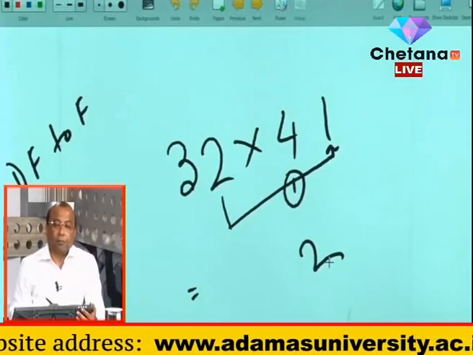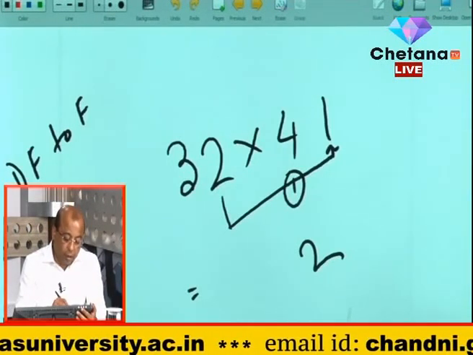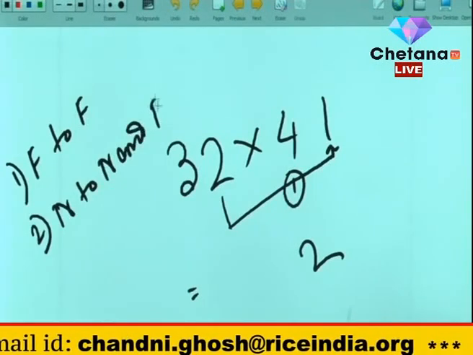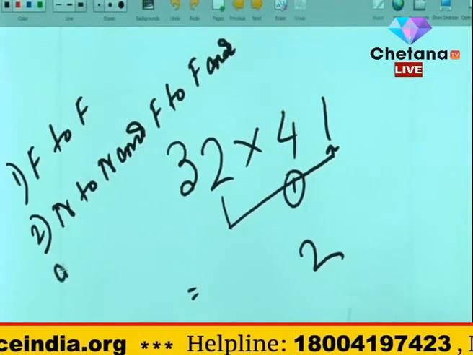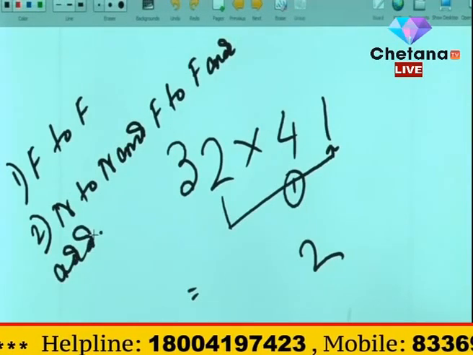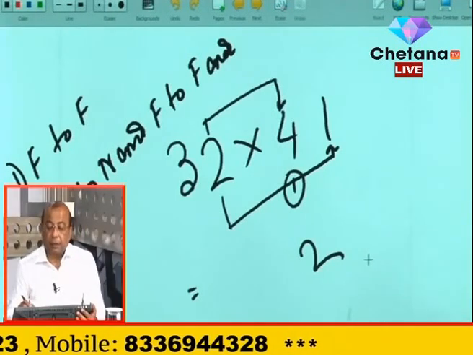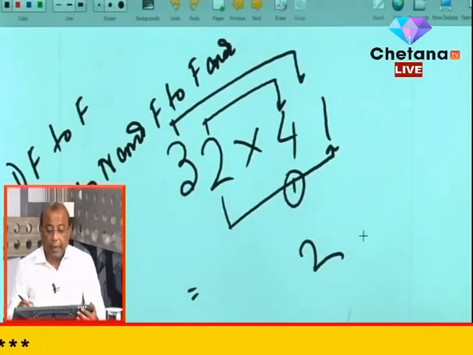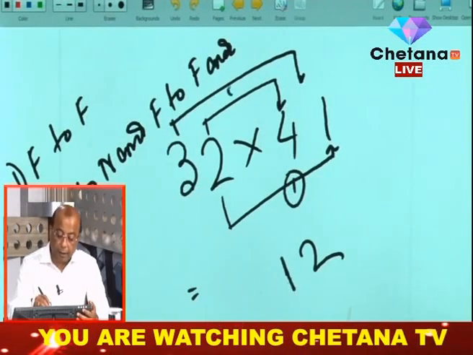And the second step was near to near and far to far, and add. So near to near, 4 into 2, 8, and 3 into 1, 3. 8 plus 3, 11. 1 in hand.